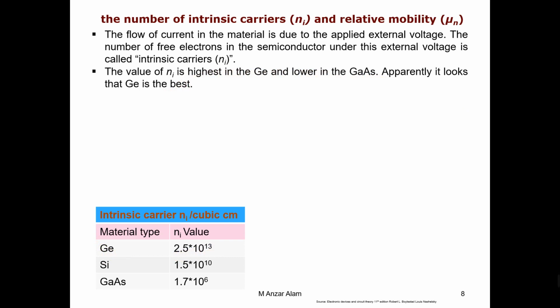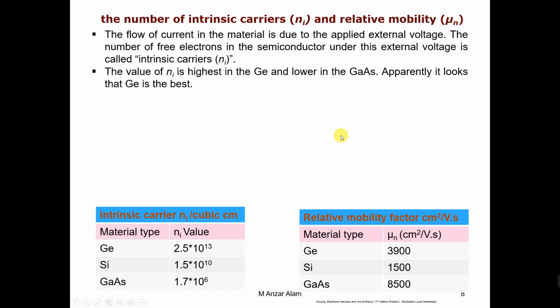It is not the case, because there are also other factors that contribute to conduction, and one of them, as I said before, is the relative mobility, mu n. So what is the relative mobility factor for germanium? 3900.